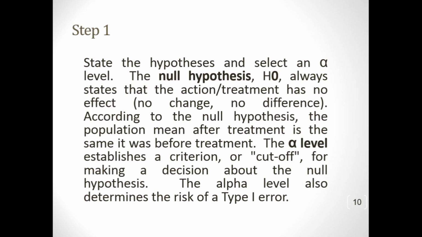So that's what the null hypothesis means. The alpha level establishes the criterion or cutoff for making a decision about the null hypothesis. The alpha level also determines the risk of type 1 error. We'll come back to the risk types in this tutorial video.